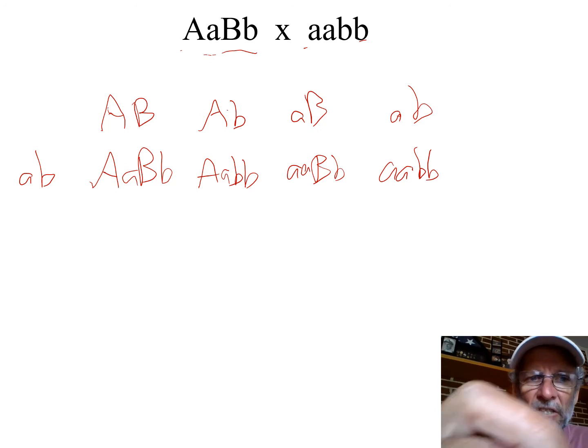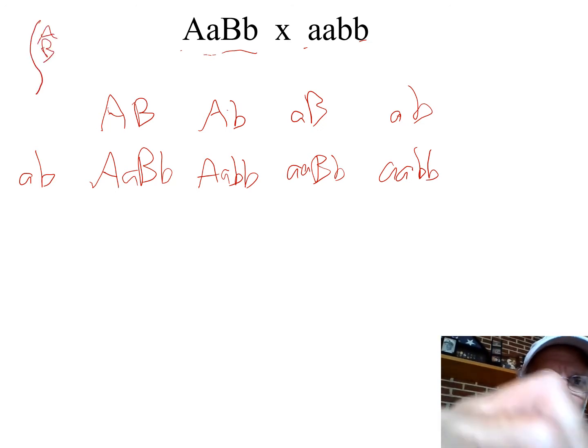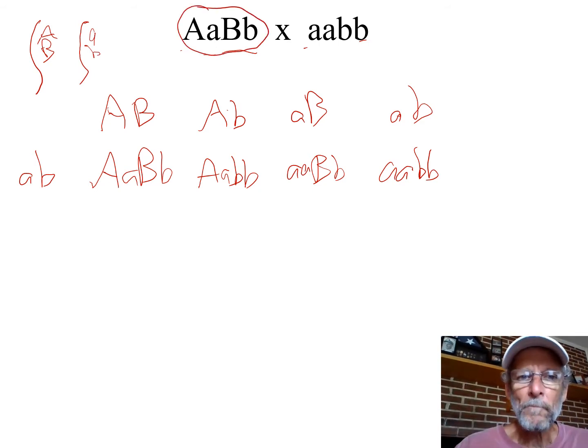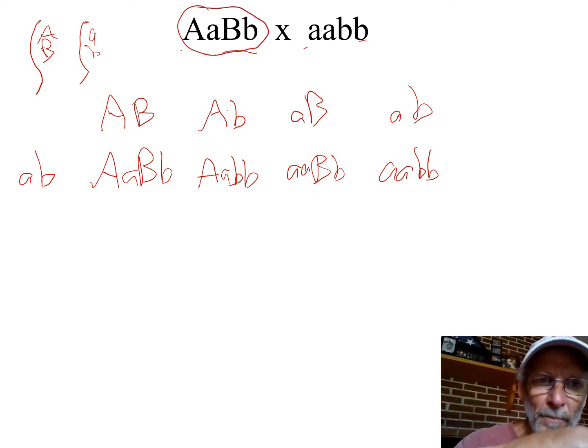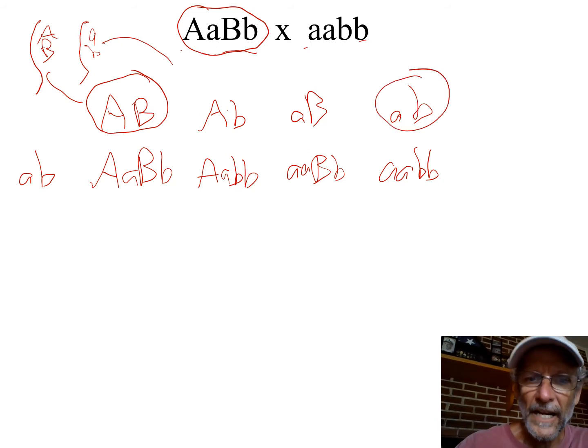But if these genes were linked and the big A and big B were linked on one chromosome, and little a and little b were linked on the other chromosome in this parent, you'd expect this parent to only be able to make gametes with that big A and big B linked together, or gametes with little a and little b.